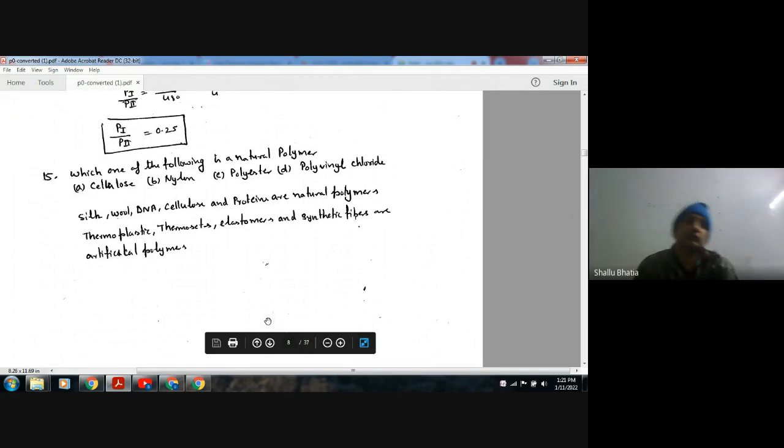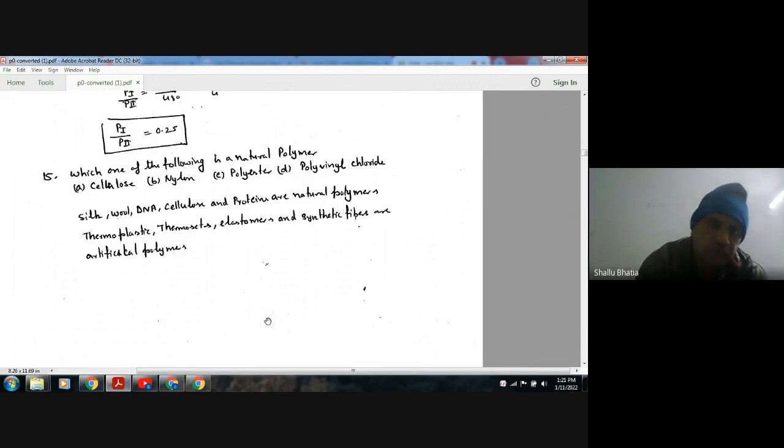Next, which one of the following is a natural polymer? Option A, cellulose. Option B, nylon. Option C, polyester. Option D, polyvinyl chloride.